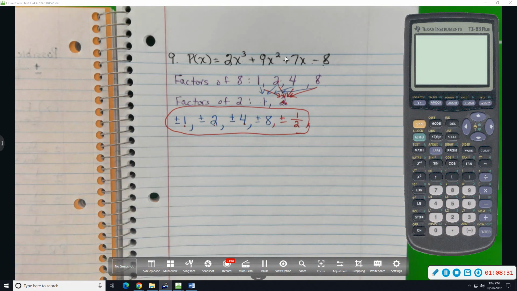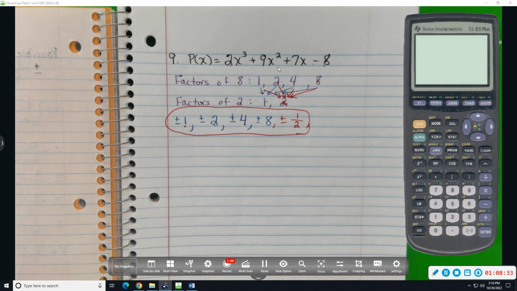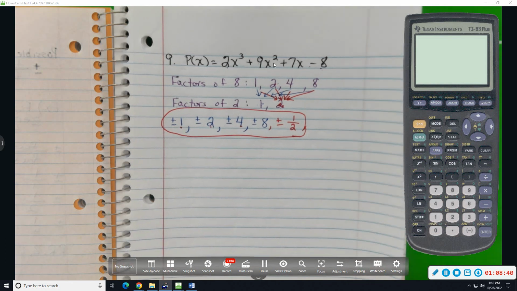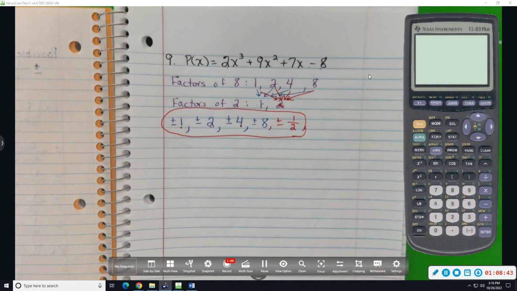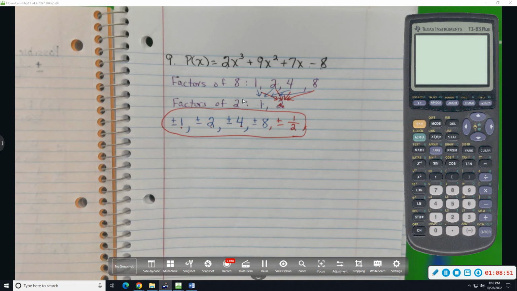Is it possible that we could plug in negative 17 and this equals 0? No, it's not in the list. What about 3? Do you think we could plug in 3 and it equals 0? No. So if you needed to factor this, take the positive 1. You could use synthetic division.